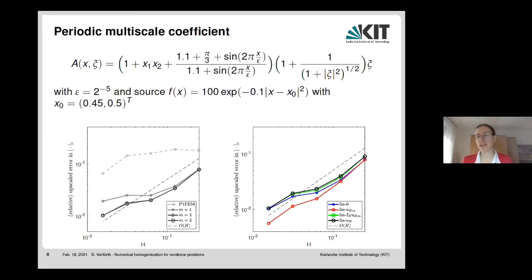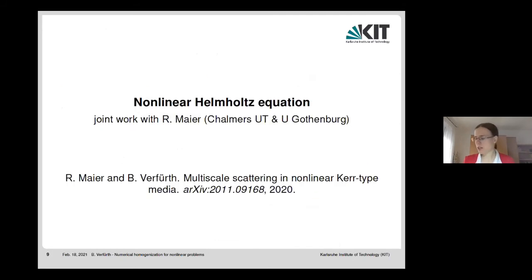In the next part of this talk, I want to do the update of the multiscale space already during my nonlinear iteration. This is something that I want to illustrate at the example of the nonlinear Helmholtz equation, and it is joint work with my colleague Roland Meyer from Chalmers University of Technology and University of Gothenburg in Sweden. You can find details on this work in the following arXiv paper.